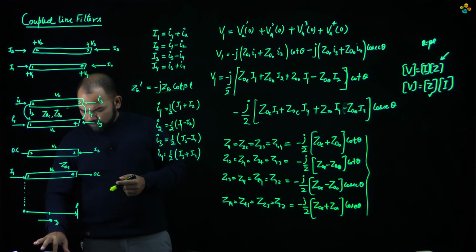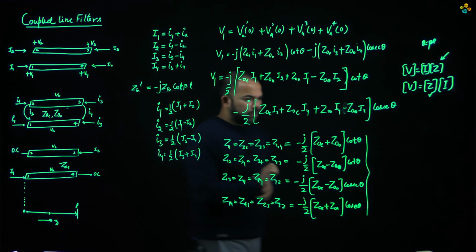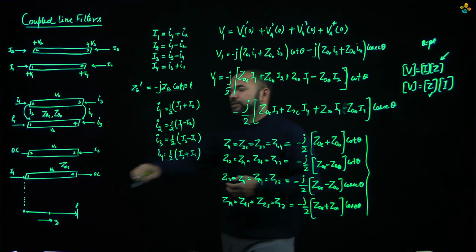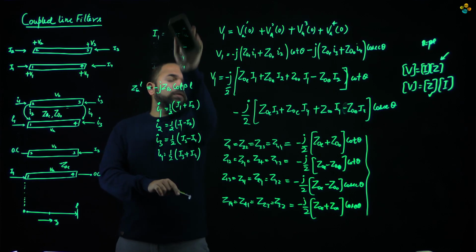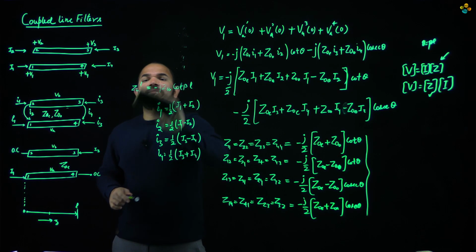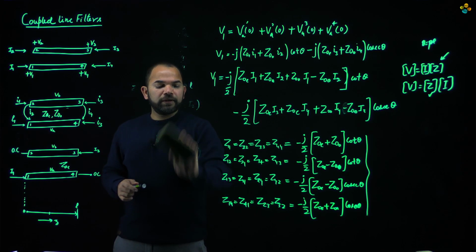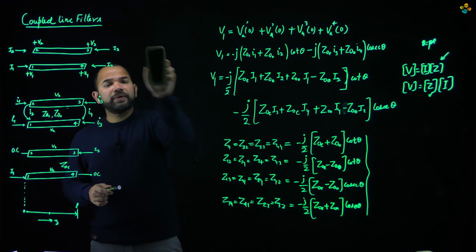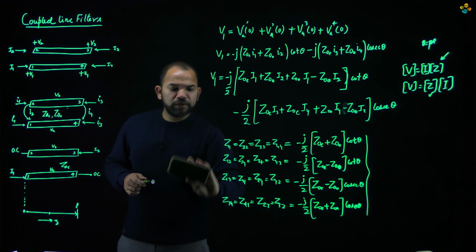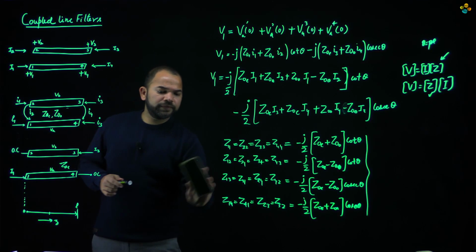Okay, so we need to remember these results, and now we need to analyze the same structure with the obtained values of the Z parameters. If we want to design a filter through the image impedance parameter method, we need to calculate a few other parameters with the help of these Z parameters.